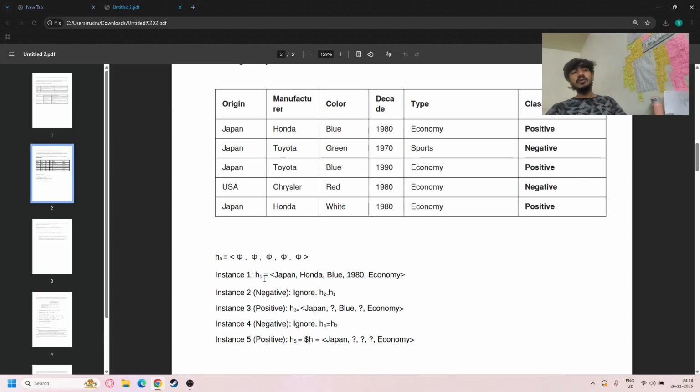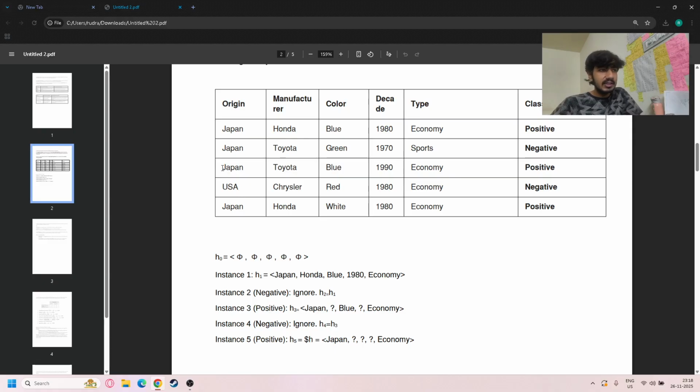In instance 2, since this one is negative, we don't need to copy it. We are going to ignore it, so H2 is equal to H1. The values which are the same as in H1, we keep, and the ones which are not matching, we replace with question marks because the value differs. We don't know what's going to happen to it.